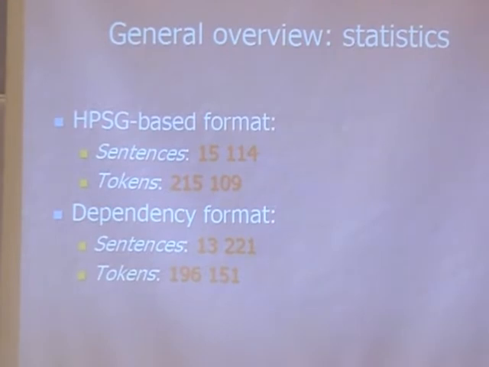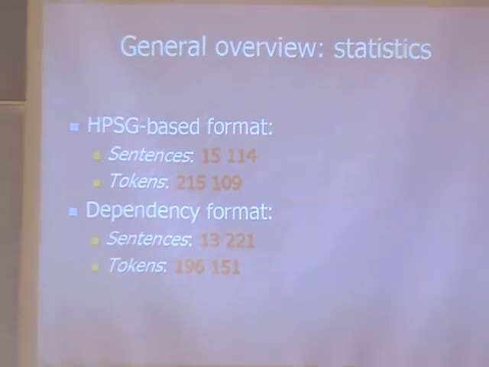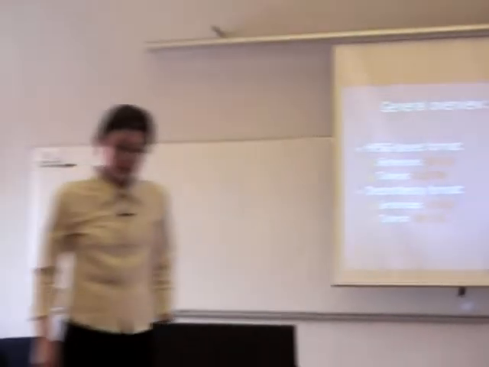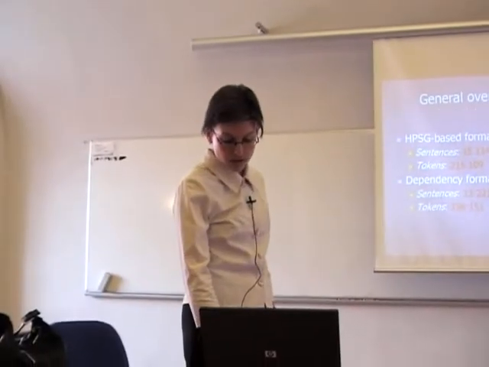In dependency format, I hope you can see the numbers, it drops because we didn't incorporate the elliptical stuff into the dependency format. It is only the first attempt, and we still have a lot of work to do to get a good dependency format.